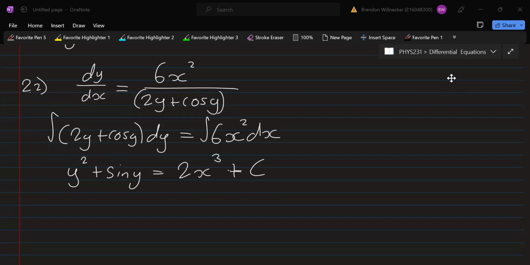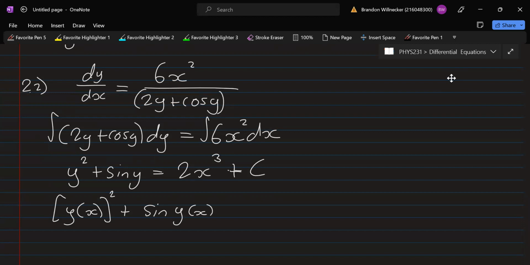So we end up with an implicit equation. We don't have y explicitly dependent on x, but we know that this is actually a function of x. So we have y of x squared plus sine y of x is equal to 2x cubed plus c. So we have our implicit equation here.